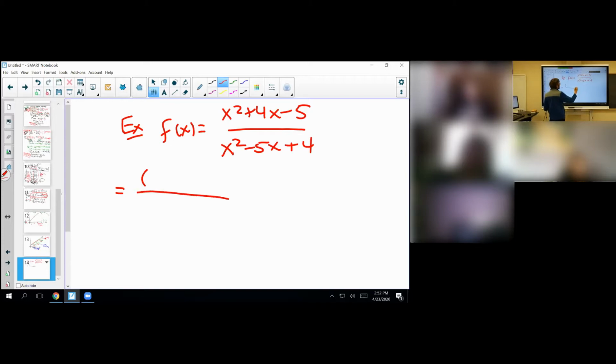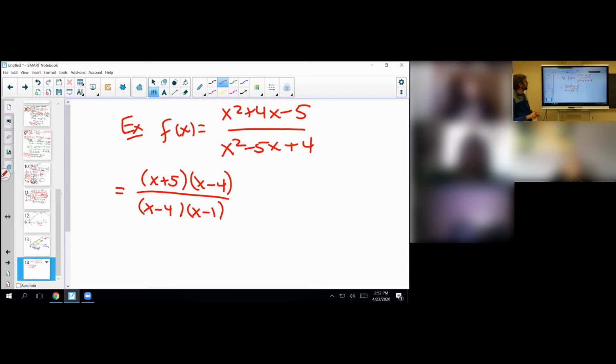So if I look on top, I just need two numbers that multiply to -5 and add to 4. Well, that's going to be plus 5 and minus 4. Look on bottom. Now I need two numbers that multiply to 4 and add to -5. Well, that's going to be minus 4 and minus 1.